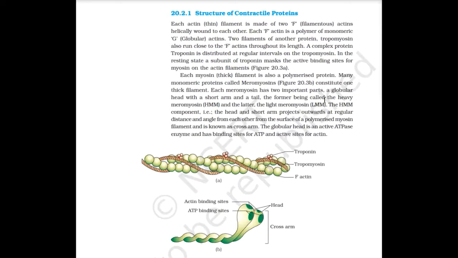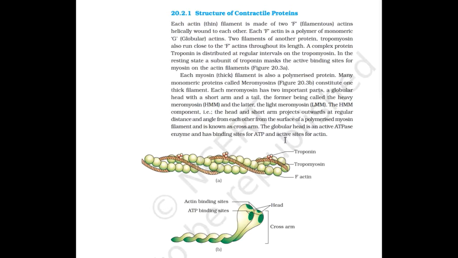Each meromyosin has two important parts, a globular head with a short arm and a tail, the former being called the heavy meromyosin, that is HMM, and the latter the light meromyosin, LMM. The heavy meromyosin component, that is the head and a short arm, projects outward at regular distance and angle from each other from the surface of a polymerized myosin filament and is known as the cross-arm.